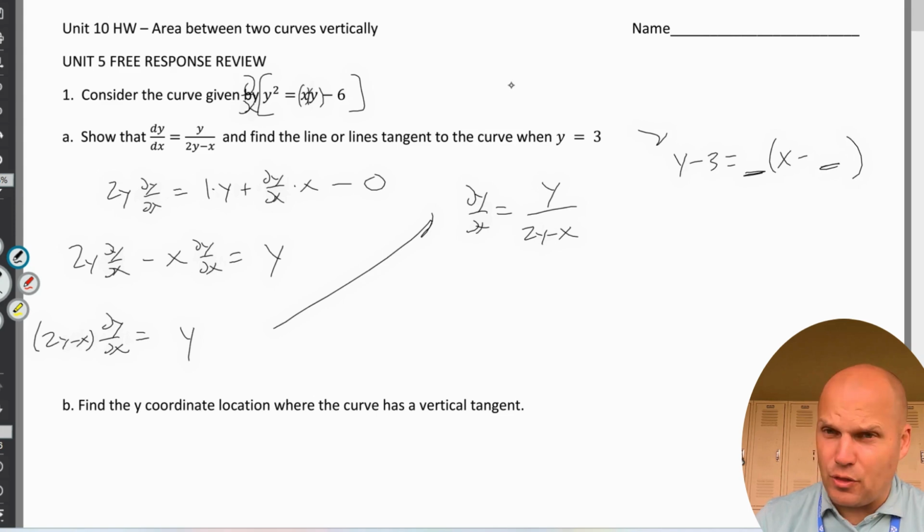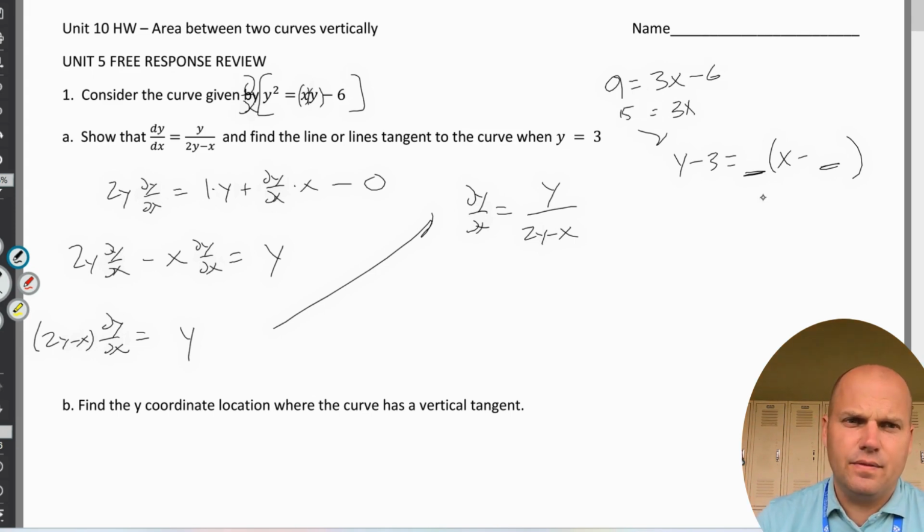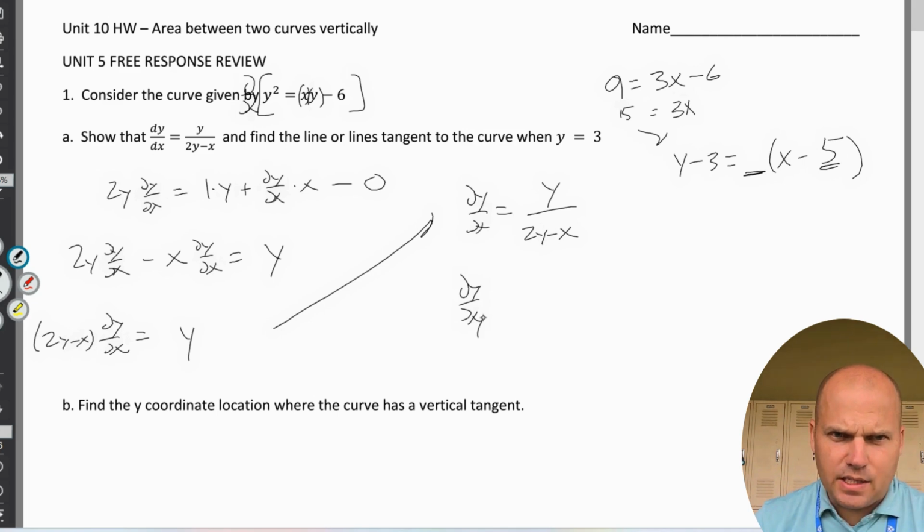So I'm going to plug in 3 for y, and be able to find that x is 5. So I need my slope at the point (5, 3).